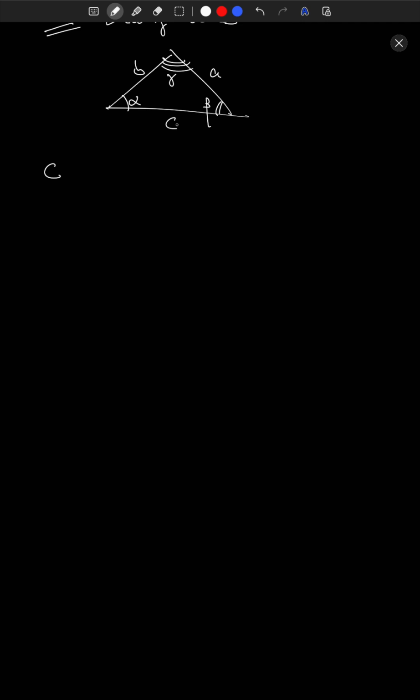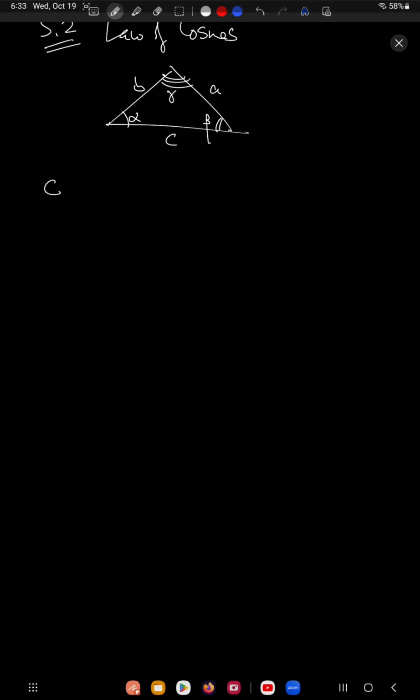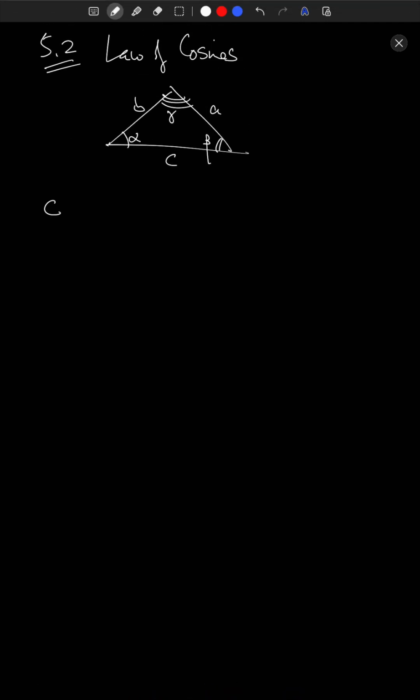So the first one is going to involve C as the core, or the base. So C squared equals A squared plus B squared. I wanted to write this one first because the first thing you should think is Pythagorean theorem, right? C squared equals A squared plus B squared is the Pythagorean theorem if you have a right triangle where the hypotenuse is C. But this is not a right triangle.